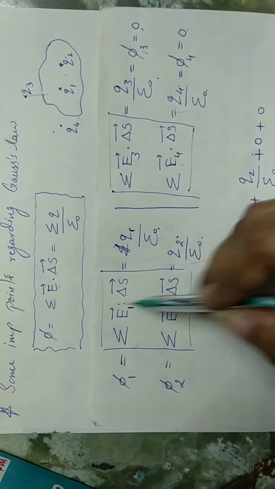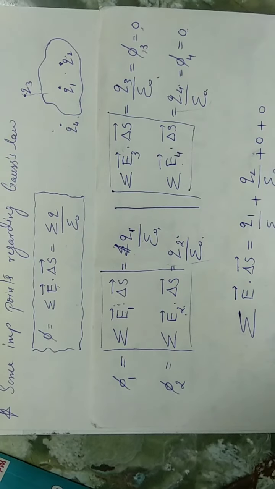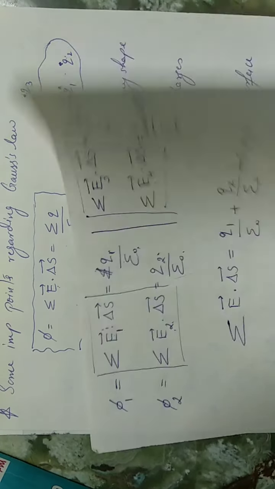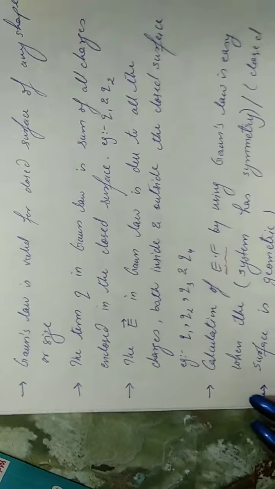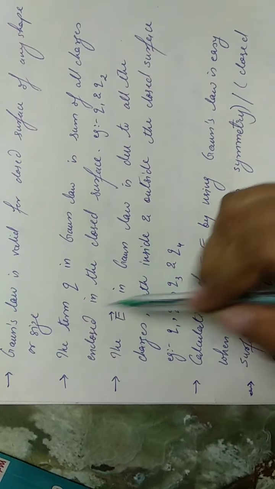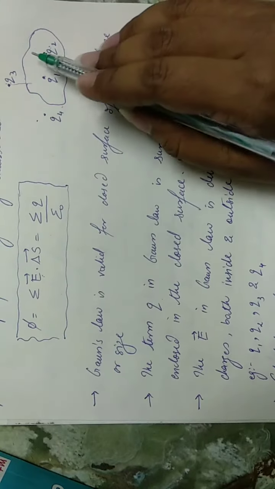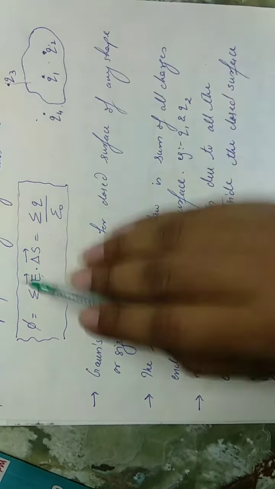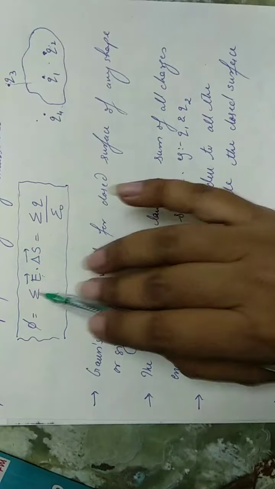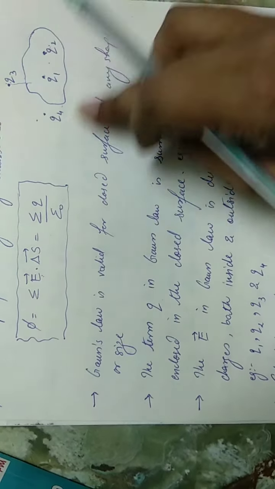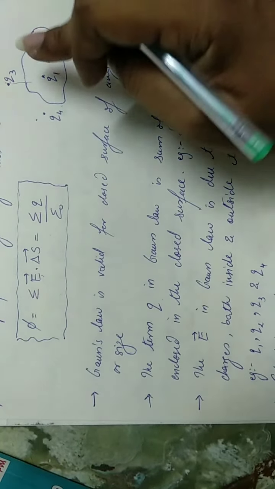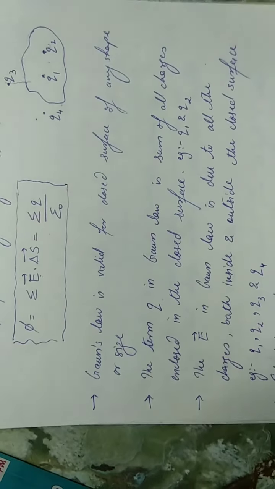Here we have added all E1, E2, E3 and E4. So these were our two points, that the term Q is the total charge enclosed and the term E in the Gauss law is the total electric field because of all the charges, whether they are inside or whether they are outside.